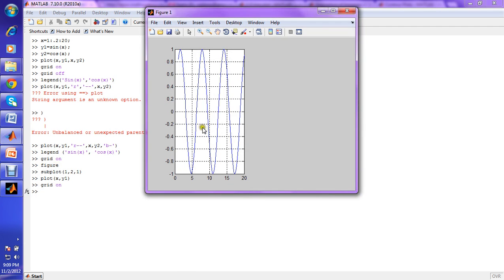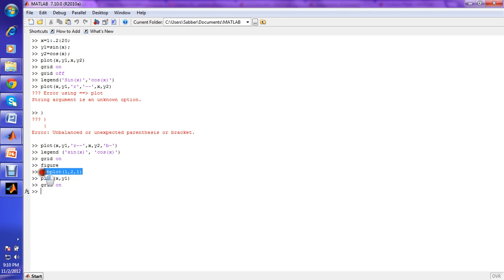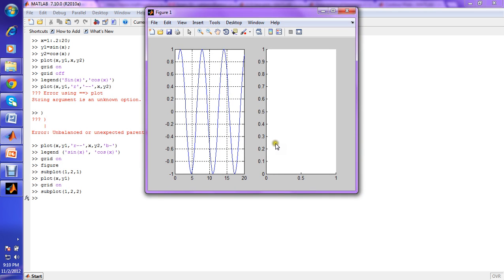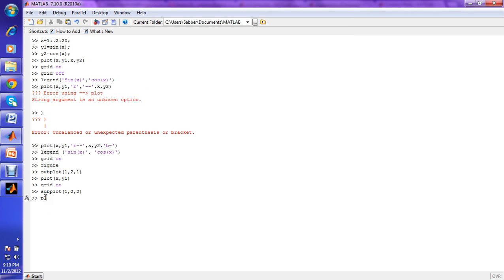So the first function is represented here. If you want the second function to be represented in the second column, we have to add the second one. The second column has been created here. So plot x comma y2. Here, grid on.